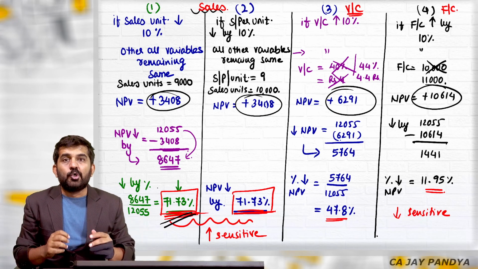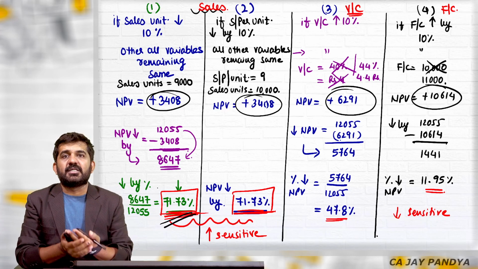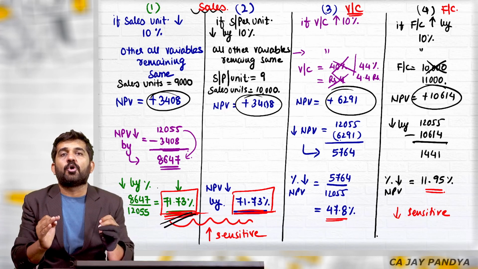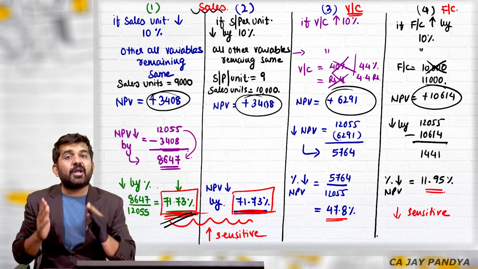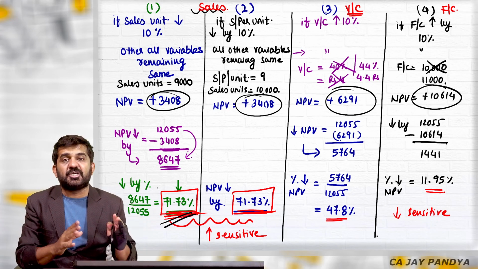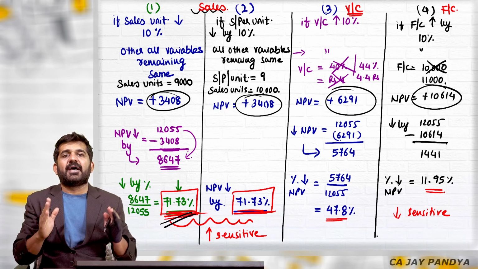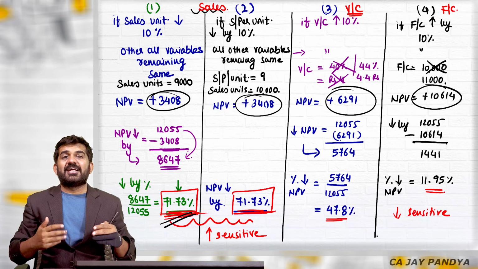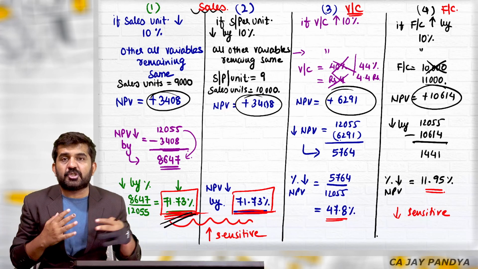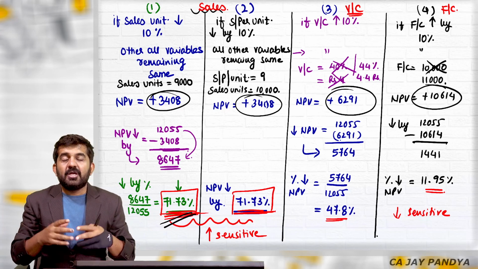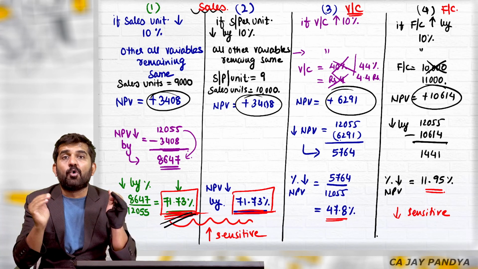But sir, it is easy, so it is less important. No. Doing and analyzing sensitivity analysis is one of the most important criteria for any business decision maker, either a bank or any other businessman. This is one of the most important analyses done to measure risk. Suppose I am not a banker and I am the owner of this business. I will analyze myself which portion is most risky.